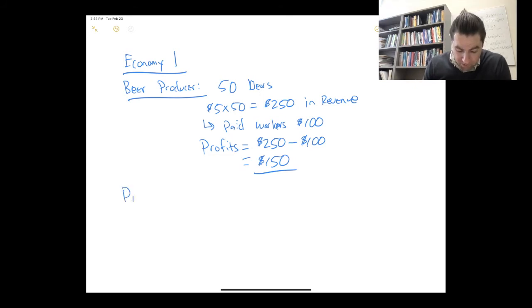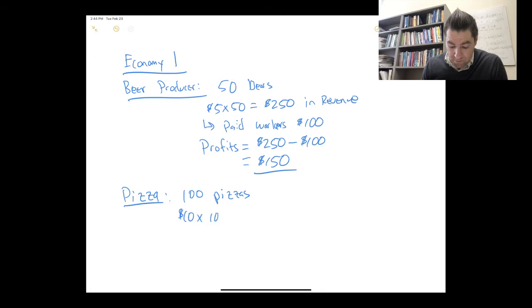What about the pizza producer? What did they make? I believe in Economy 1, they made 100 pizzas. Those sell for $10 each.